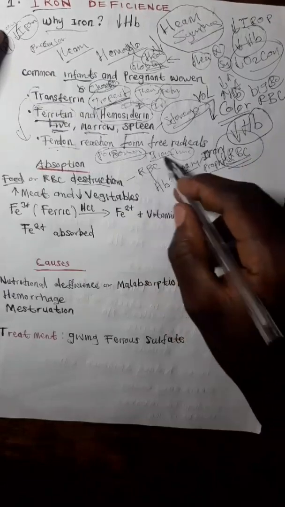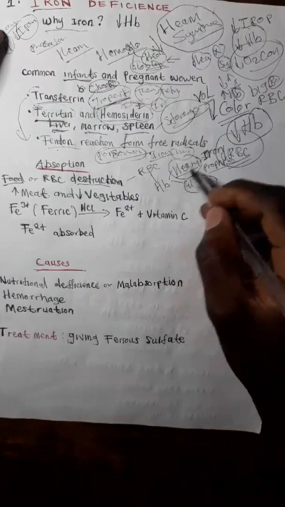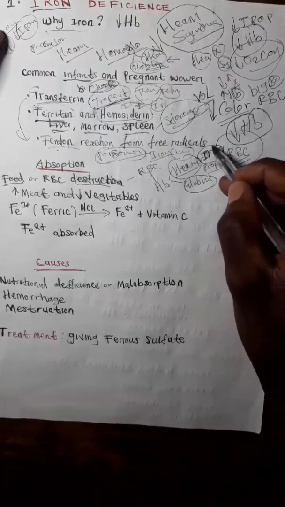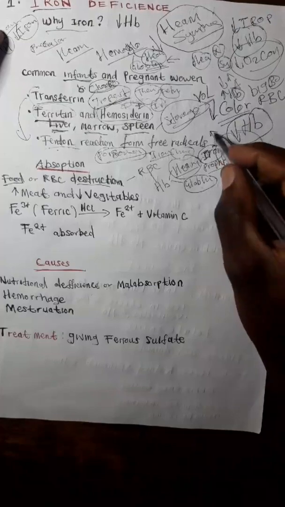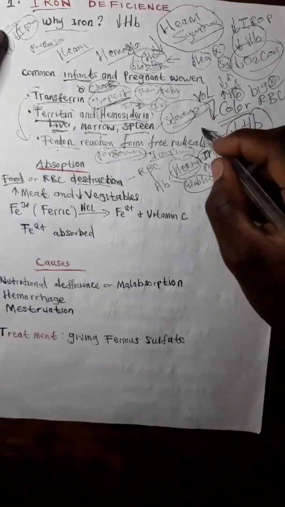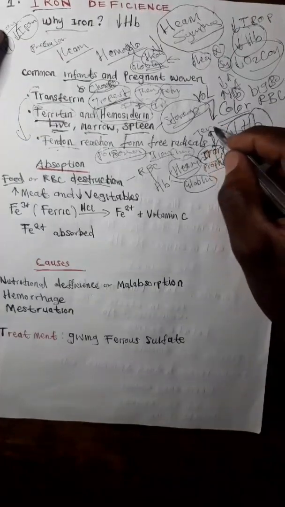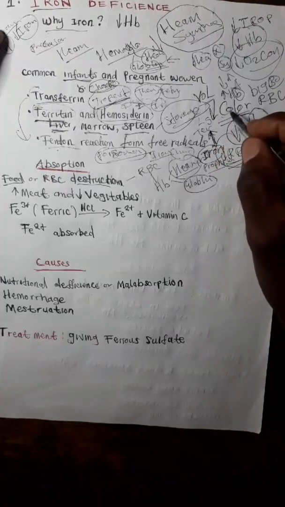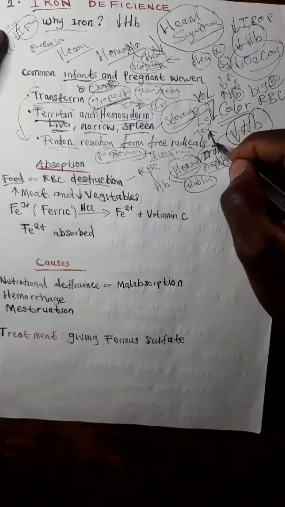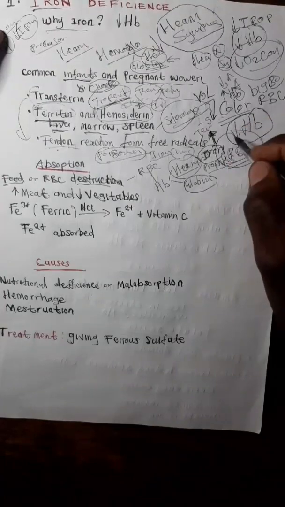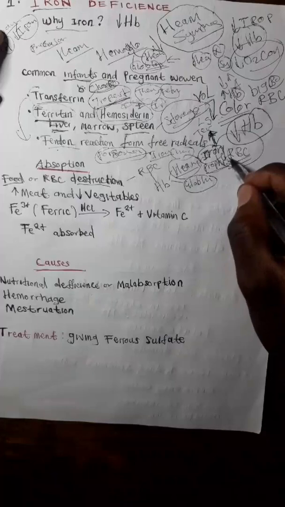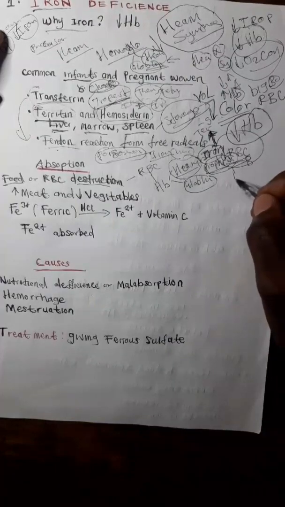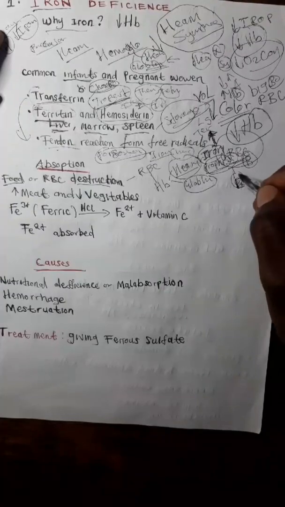When there is destruction of red blood cells, the hemoglobin is broken down to heme and globin. Then iron is recycled, and the transferrin transfers this iron to the liver, spleen, and also the bone marrow for storage, to wait for another synthesis of red blood cells. Then the protein is further broken down into bilirubin.